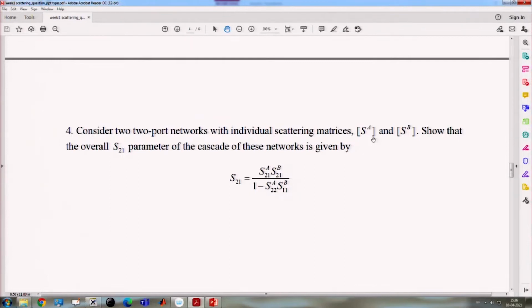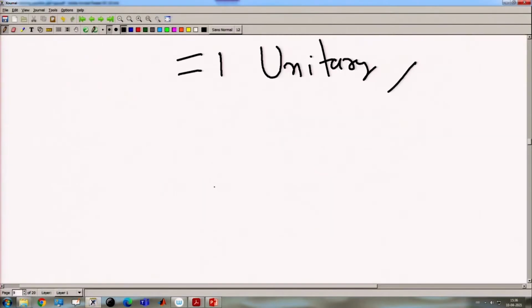Here it is a two port network. The first is like this, having SA, we can denote like this.